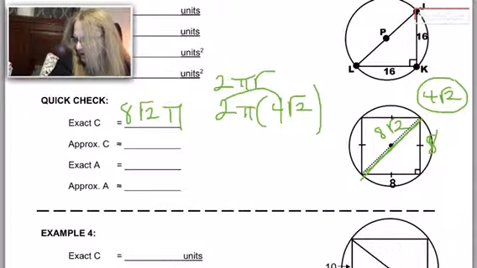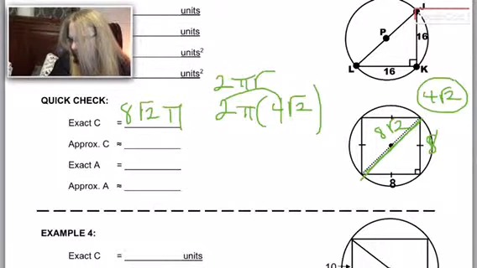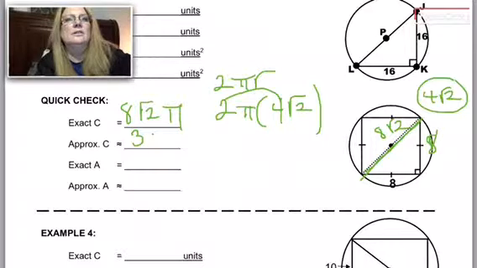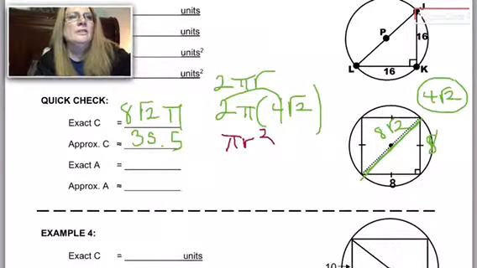Approximately, I'll use my calculator. And that is 35.5. All right, so the exact area is pi r squared.